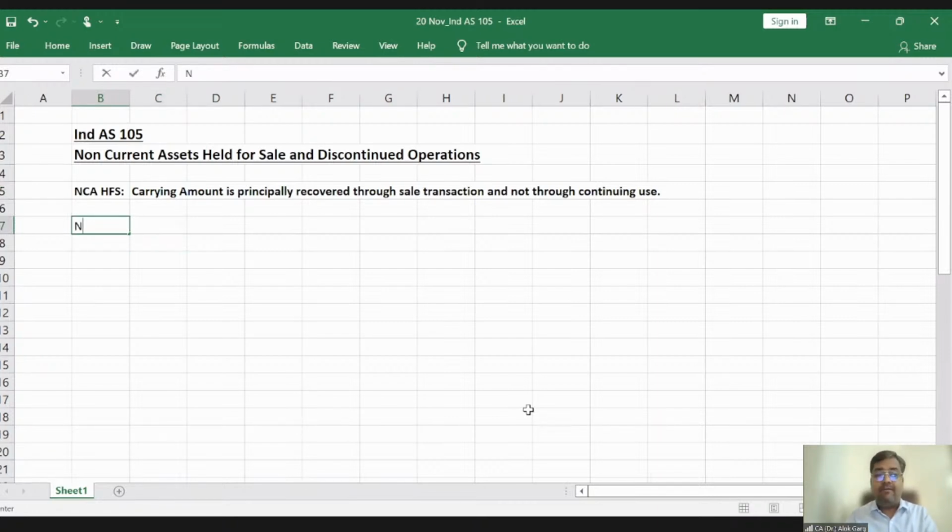In this standard, we are talking about three things. NCA HFS, which is non-current asset held for sale, I mean individual asset held for sale.